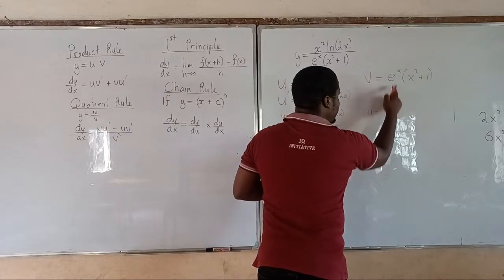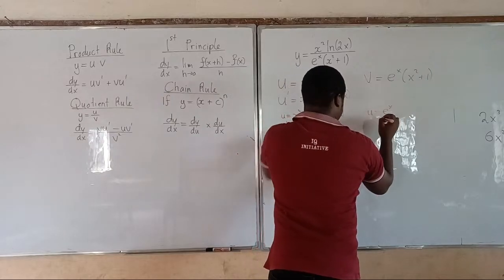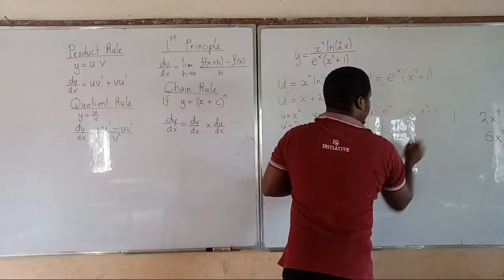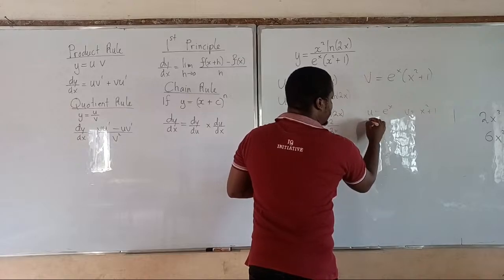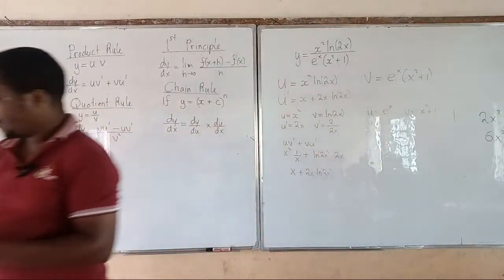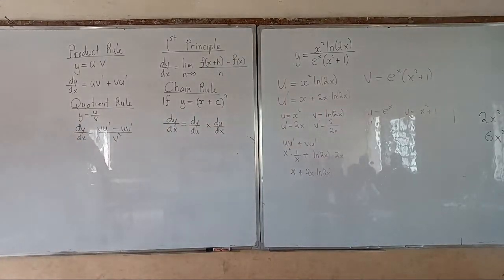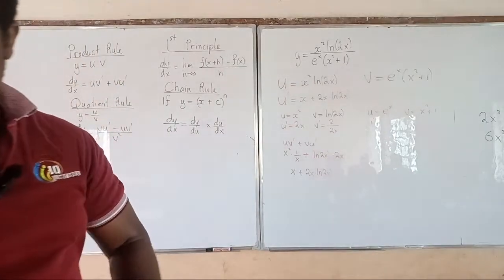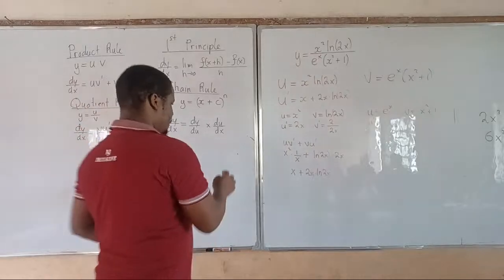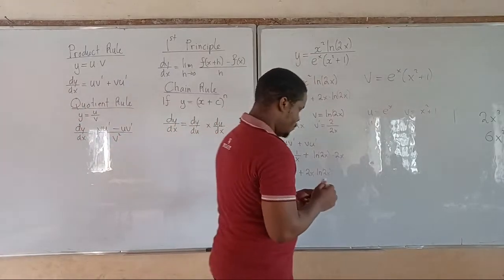So the first function is e to the x. The second function is x squared plus 1. Then what is u prime? What's the derivative of e to the x? Anyone to try? You have forgotten.